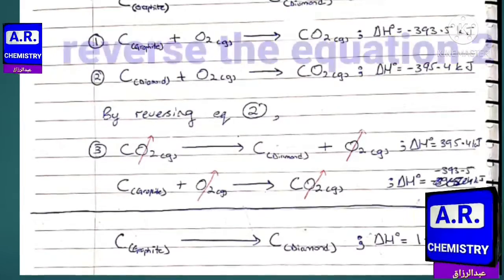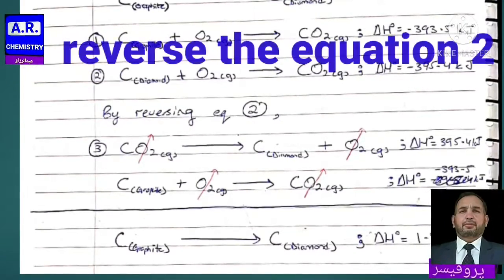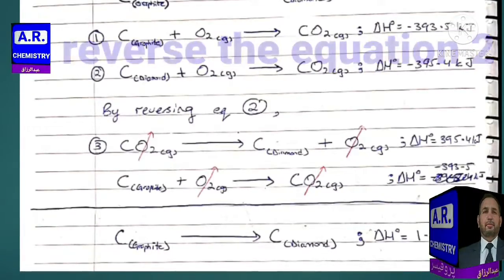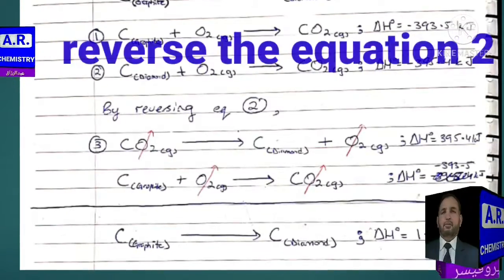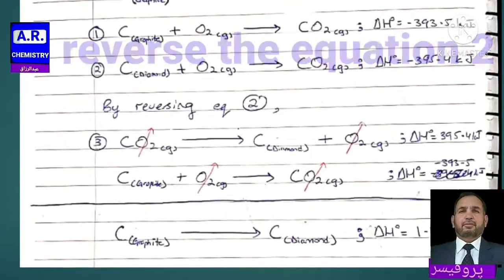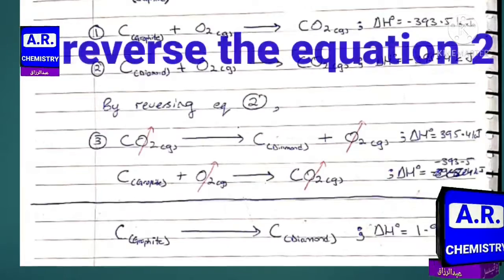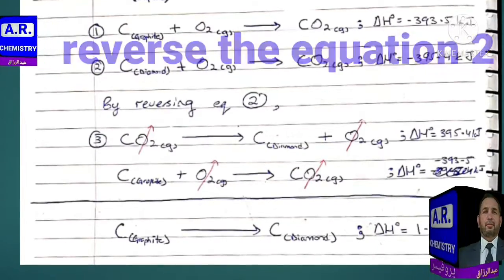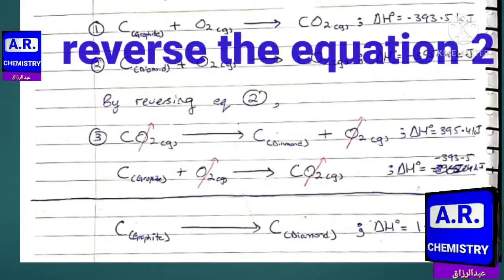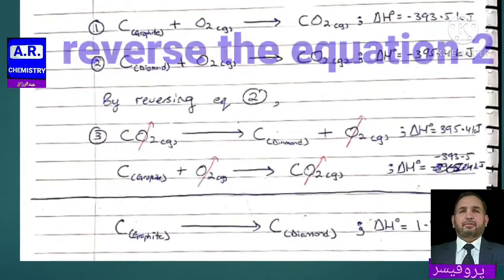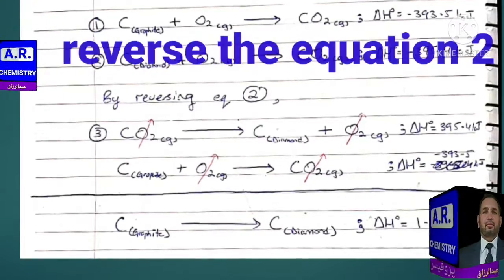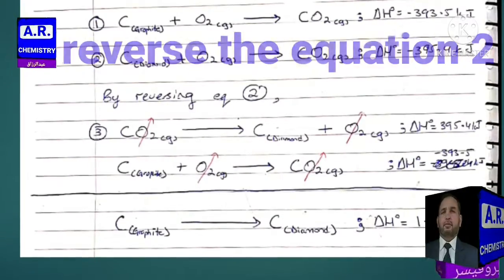So in order to bring diamond on the product side in your final equation, you are to reverse this equation, or you are to subtract this equation. Since reversing is simple, that's why I have adopted that method. So now you are to reverse equation 2 and write it as equation 3.